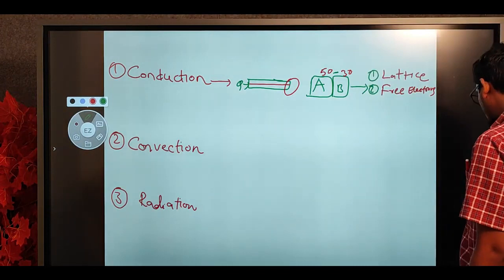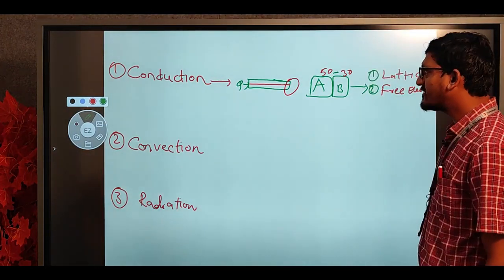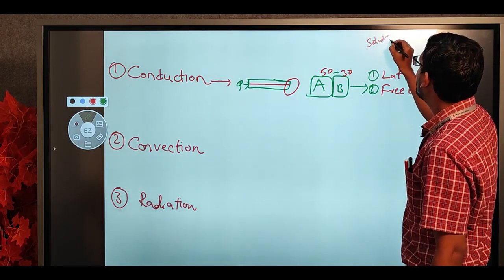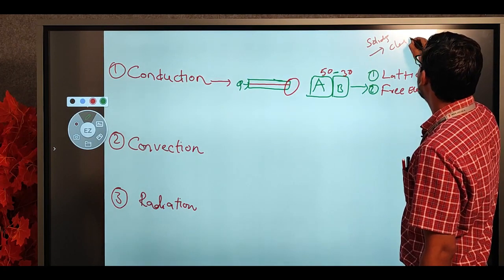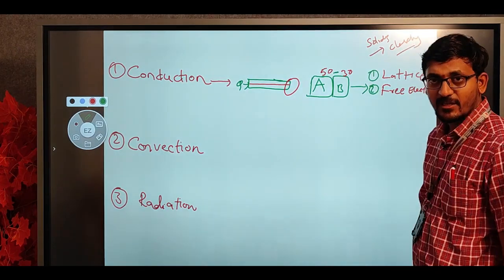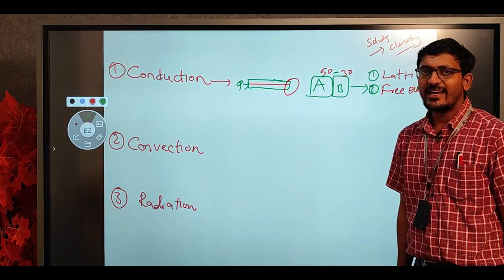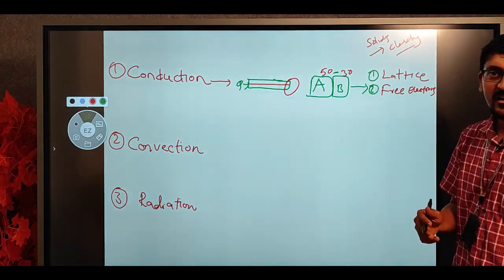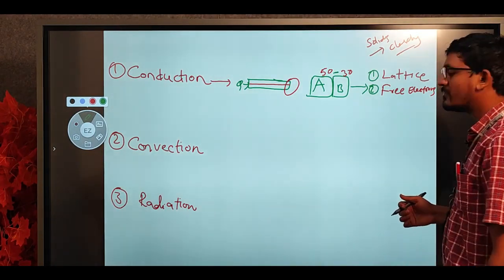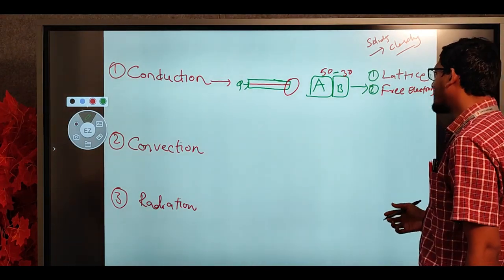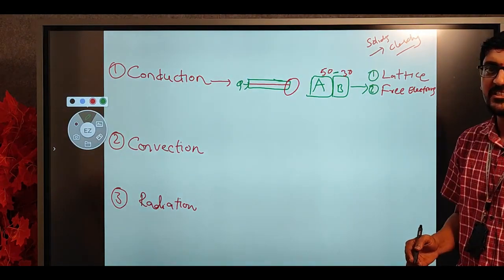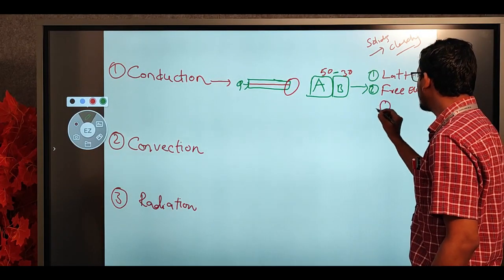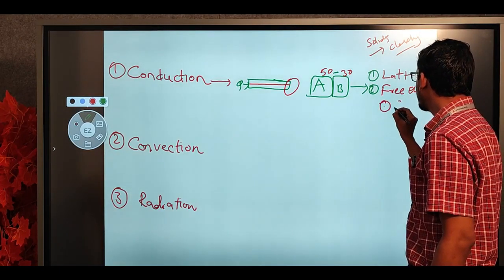In conduction we consider the medium as a solid. In a solid the atoms are packed very closely, right or not? As we supply heat at one end, the energy gained by one atom, which has a higher energy, tries to give the excess energy to the next one. Suppose this is one atom and this is another atom.